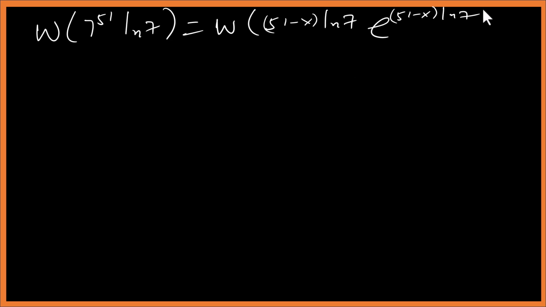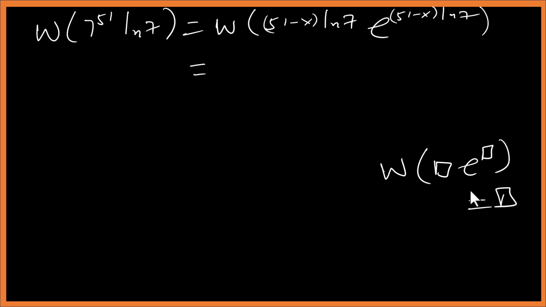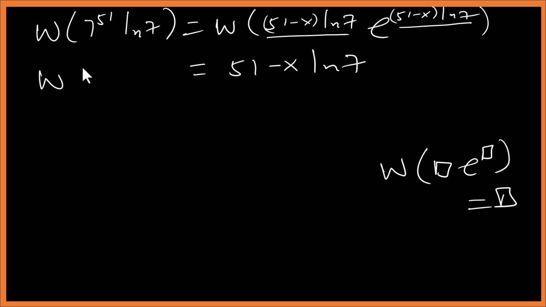So we are taking the W function. Remember I said the W function of a box times e raised to the box, the answer is the box. So we have the answer 51 minus x ln of 7, and we still have the W function of 7 raised to 51 ln of 7 on the left.